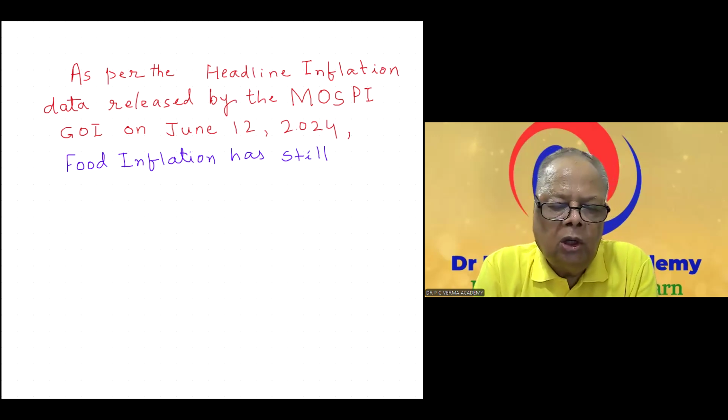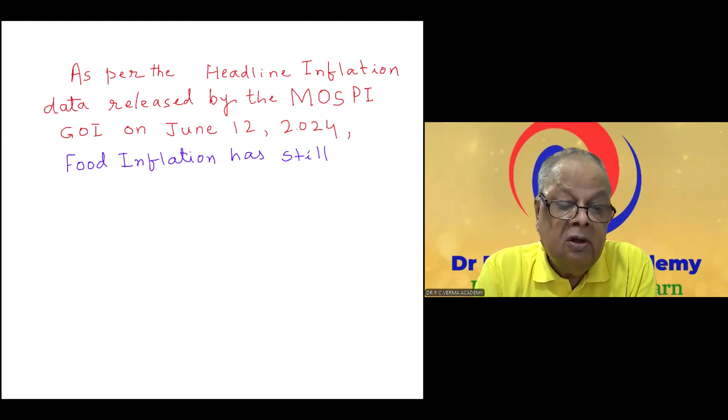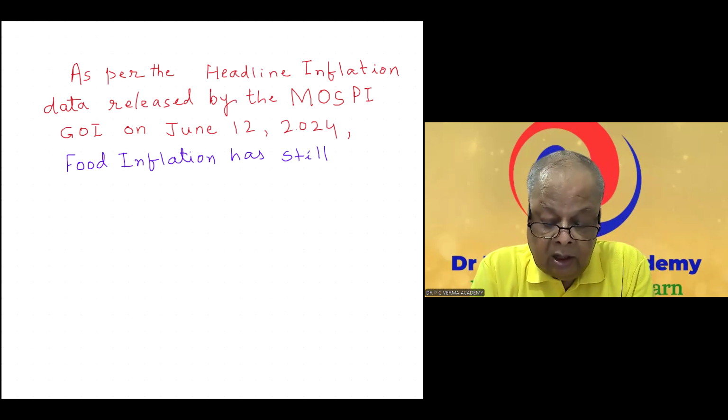We all know that imported inflation is related to sudden price rise in crude oil, and volatility in food prices poses a credible threat to the headline inflation in India.